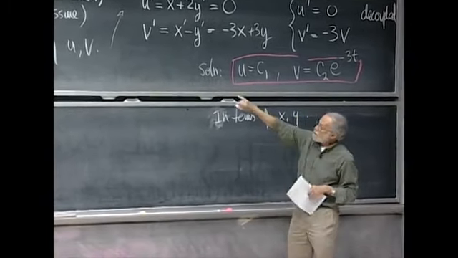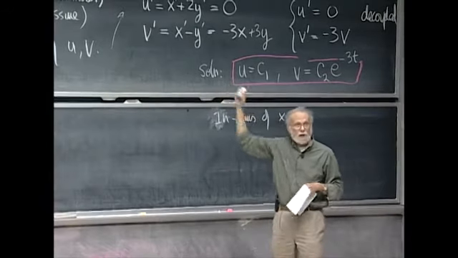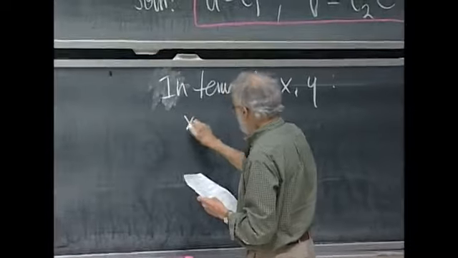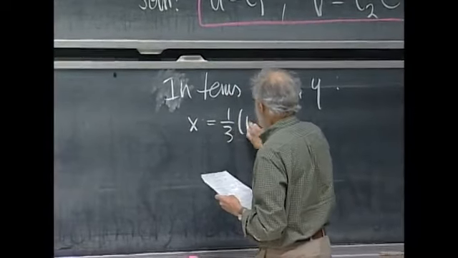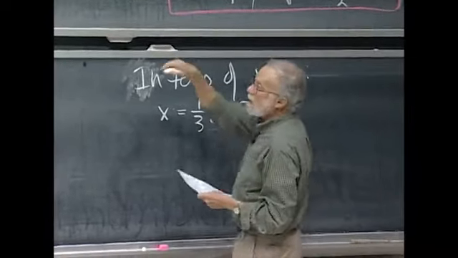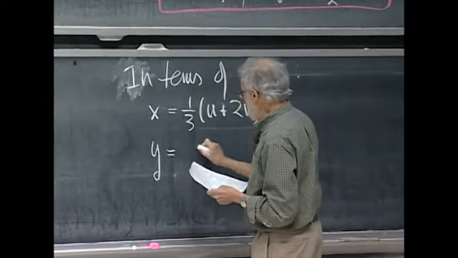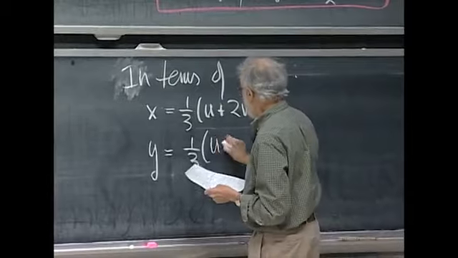you have first to solve those equations backwards for x and y in terms of u and v, in which case you will get x equals 1/3 times u plus 2v, using the inverse matrix or just do elimination, whatever you usually like to do. And the other one will be 1/3 times u minus v.